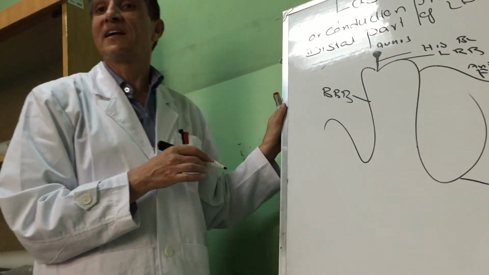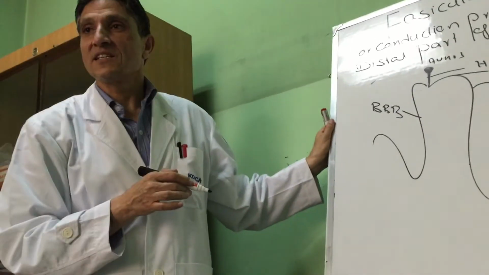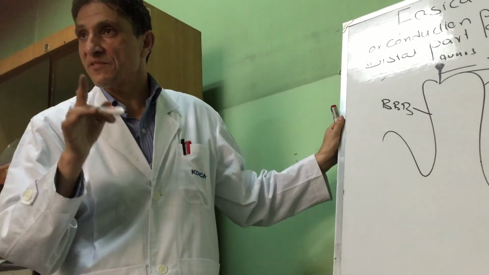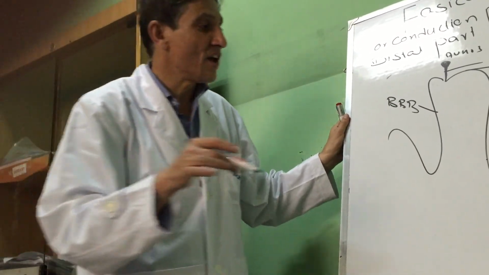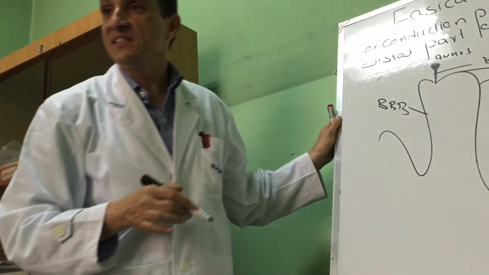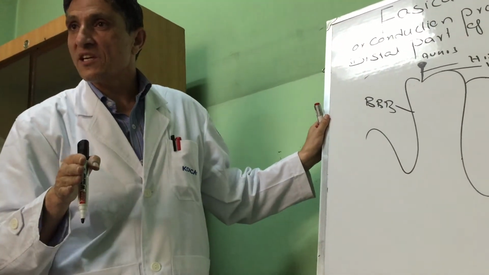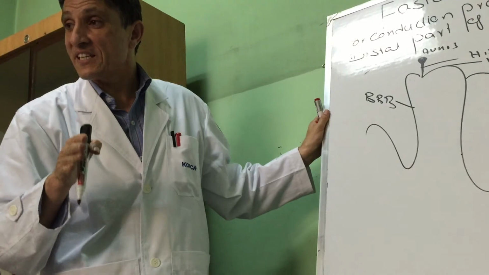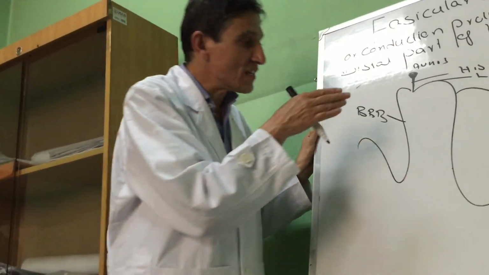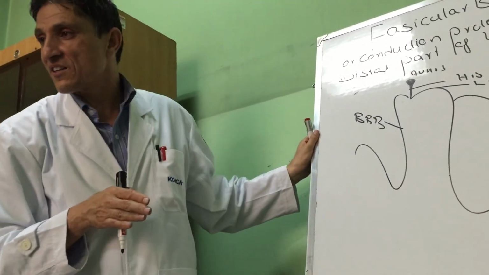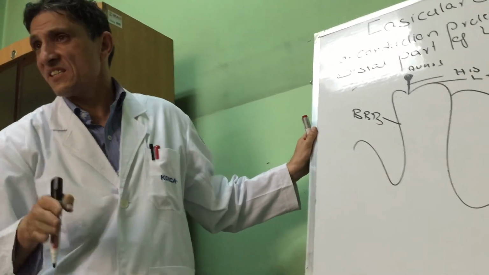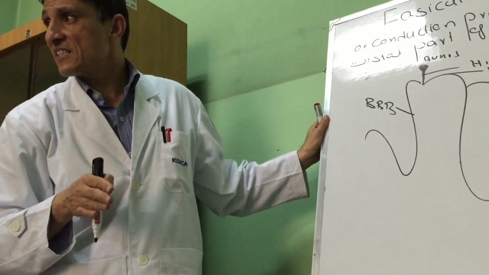Principle number 2, cardiac axis. Cardiac axis depends on the average direction of the wave of depolarization of both ventricles. It means the direction of the wave of depolarization which leads to ventricular depolarization is called cardiac axis. Later on we will discuss the cardiac axis in detail.